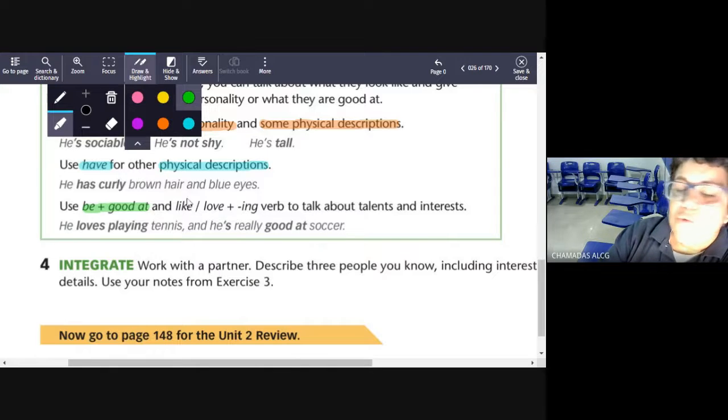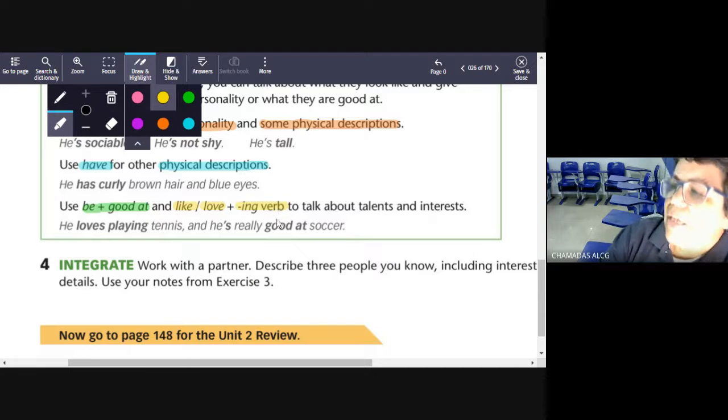And we can also use verbs like love plus like plus ing to talk about talents and interests. So here we can use that as well. Let's put this green. Like or love plus a verb ing or a noun.